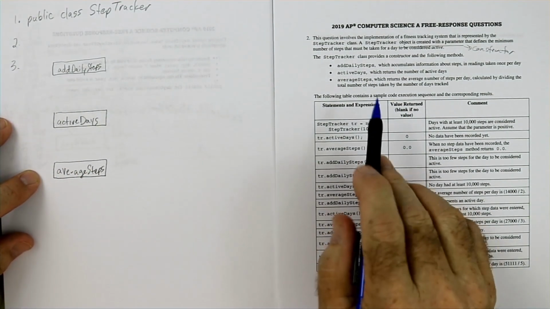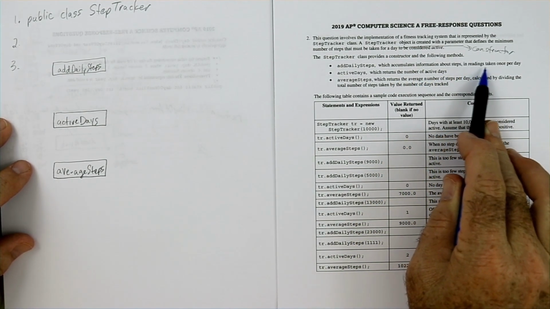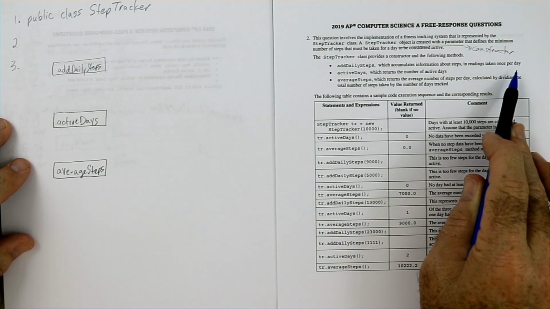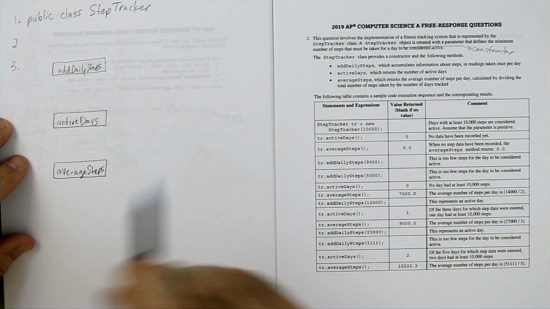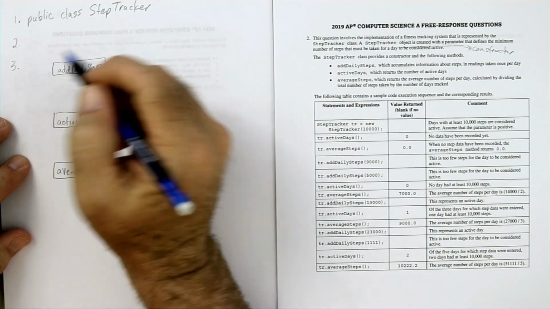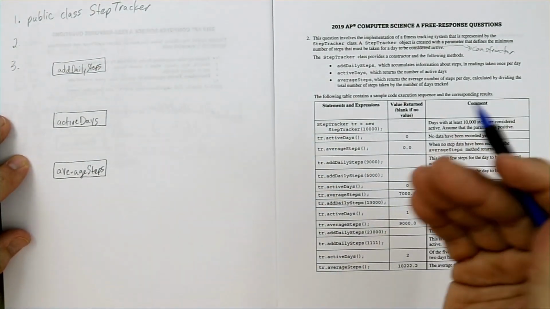All right, and let's see what this is. This accumulates information about steps in readings taken once per day. So it accumulates. So it's just going to take it in. So it's like a setter, right? So even though it's not a setter, it's accumulating. So every time you call it, it adds to something.